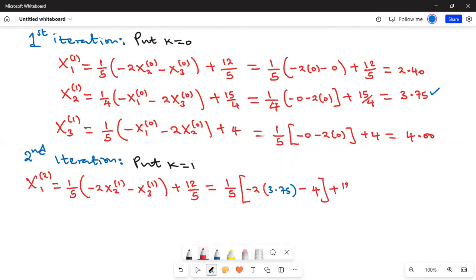Plus 12 over 5. Press this in your calculator. You are going to get your answer as 0.10.